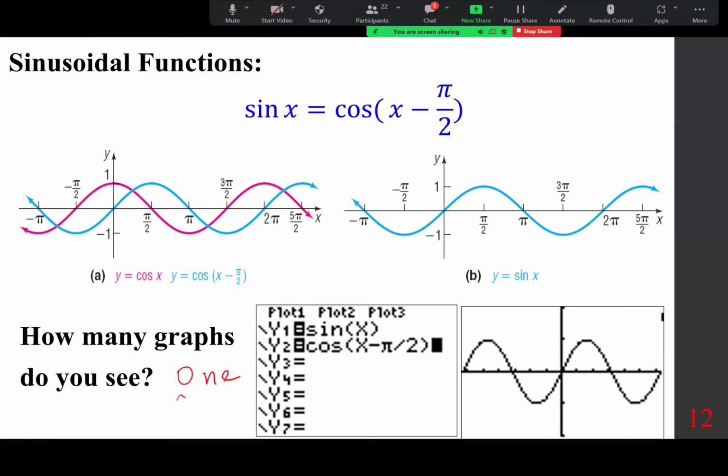One graph. And that shows the two functions are identical. Okay, everybody. The two functions are identical. That's important to notice and understand.